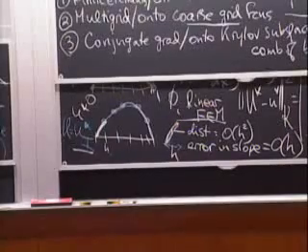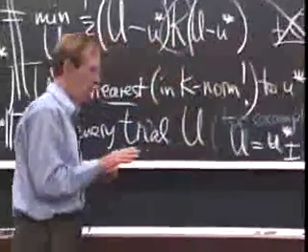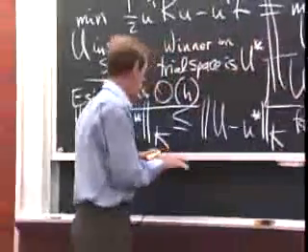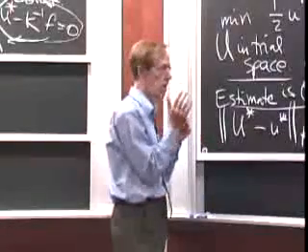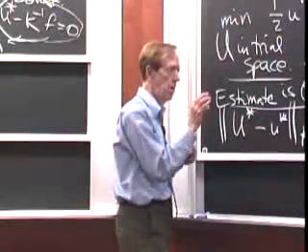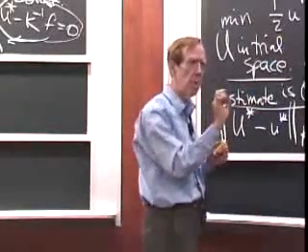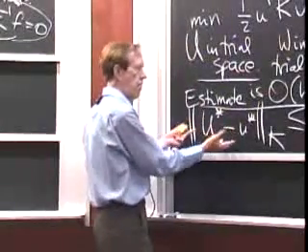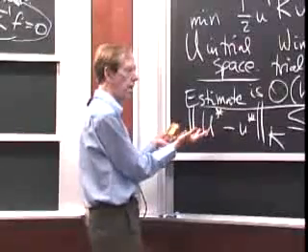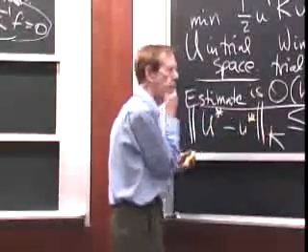But the point is that capital U star was not the best in staying near the function. It was only the best in staying near the slope. So I don't have this crutch to lean on here.